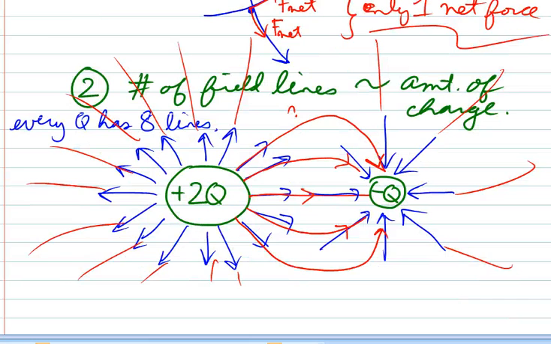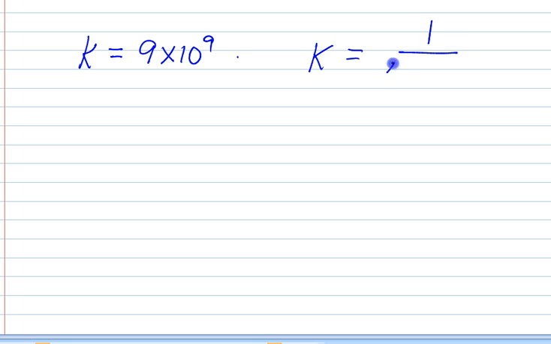Okay, last point. Now this is a little bit more serious, okay? There's a different way to write the constant k, which is basically 9 times 10 to the 9th. The other way to write it is that k is equal to 1 over 4 pi times a weird constant epsilon naught. Okay?